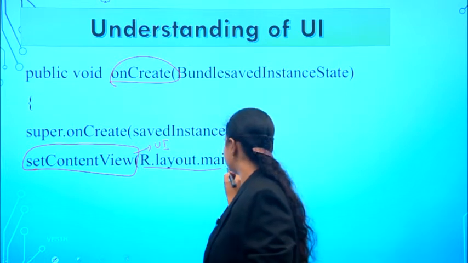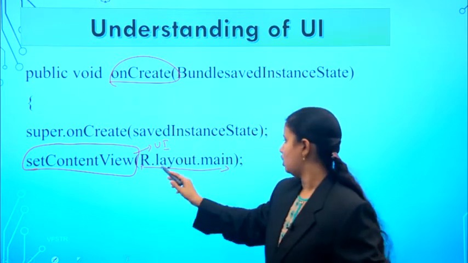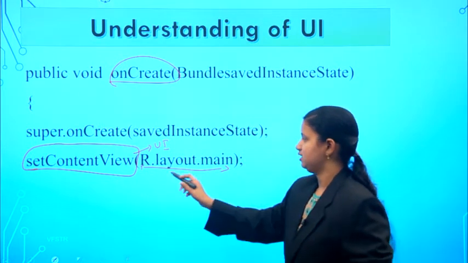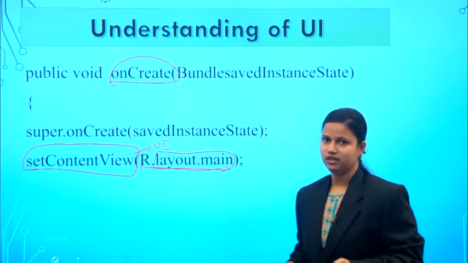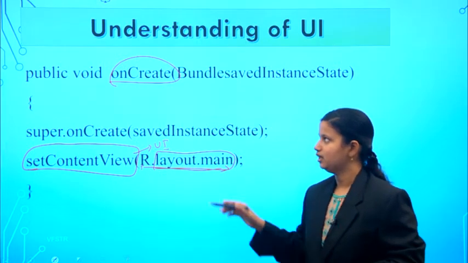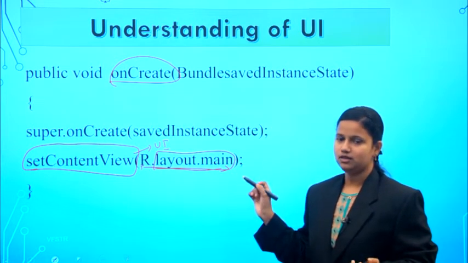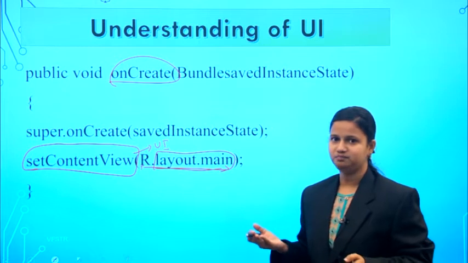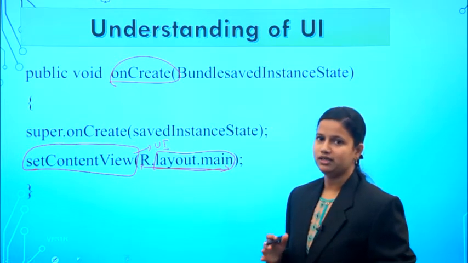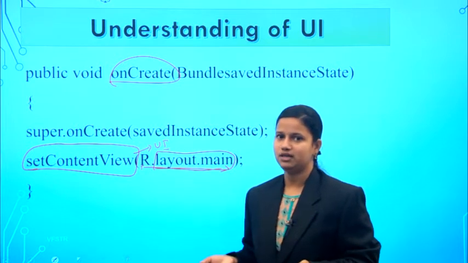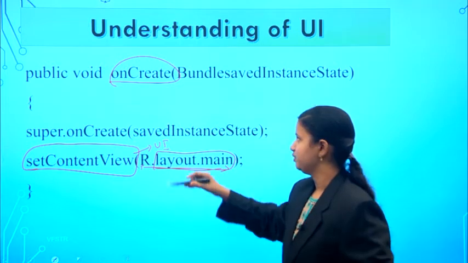What it will load is based on the file name we provide. R.layout.main means it will load your main XML file. In this way we have to load the user interface design. The first step is to create an XML design, but for that XML design to appear, we have to go with what is available in Java.